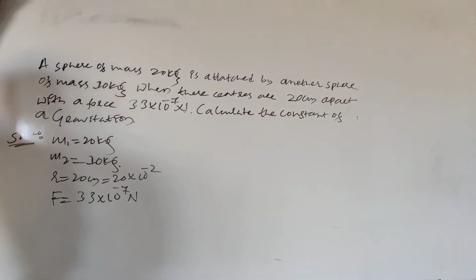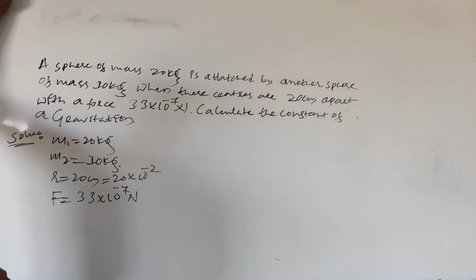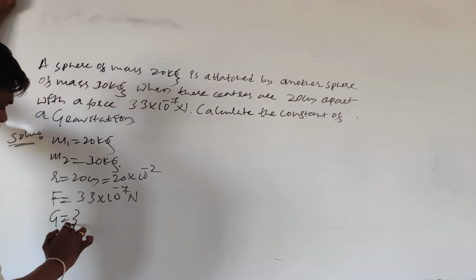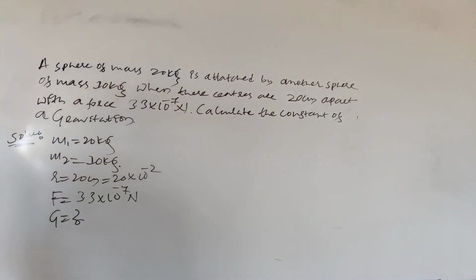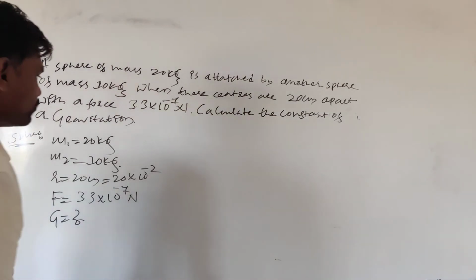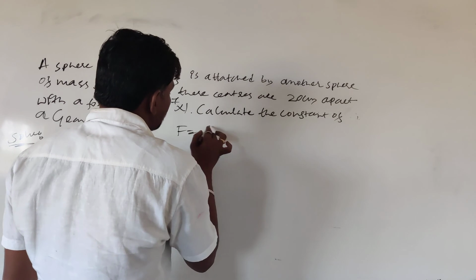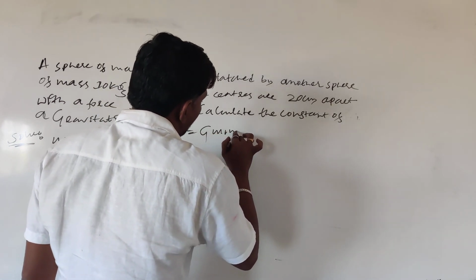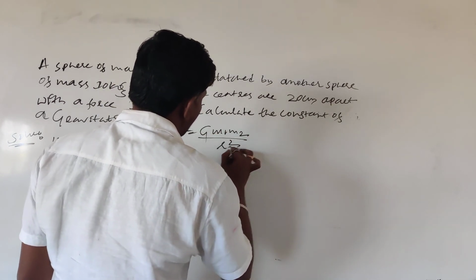Now we are going to find out the constant of gravitation. The formula is F equal to G m1 m2 divided by R square.